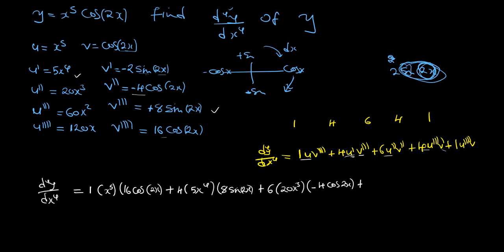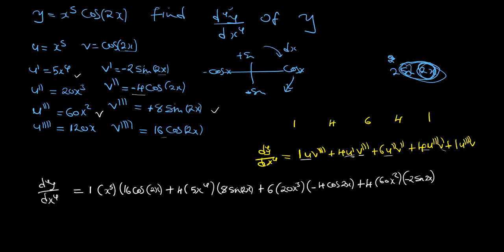Then plus 4, open bracket, u prime prime prime. So that's the third prime of u. So that is 60x squared like that. Okay, then what is v prime now? V prime is just negative 2 sine 2x, the angle there.